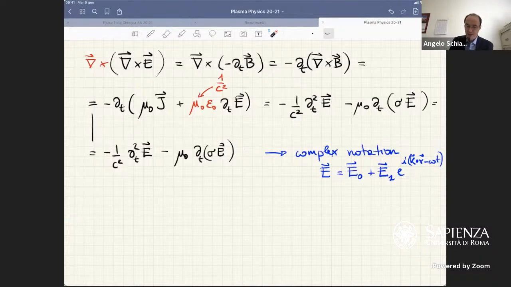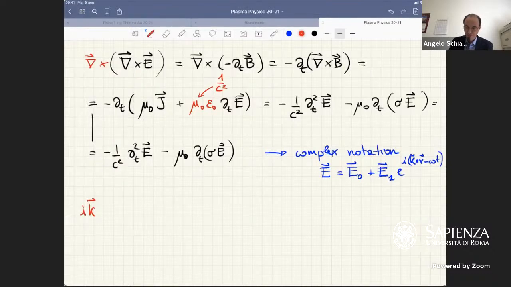Okay, if I do this, then I translate, for instance, the nabla operator, as we've seen before, becoming multiplication by ik. So we have ik, and the curl is becoming the vector product.